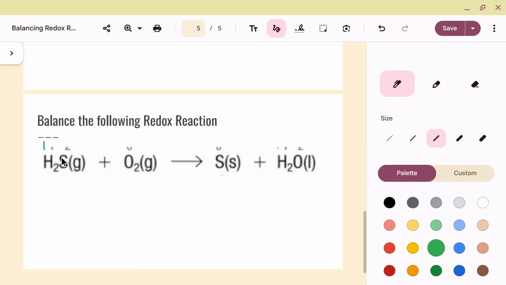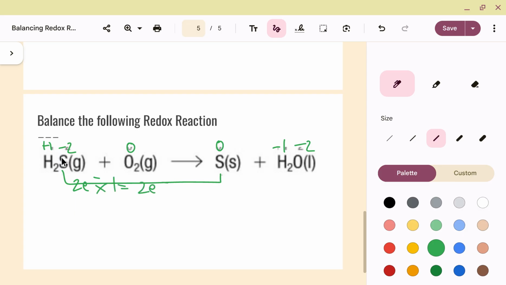Here, hydrogen is +1, sulfur would have to be -2, oxygen is 0, sulfur by itself is 0, +1, -2. So we see that sulfur is going from -2 to 0, so that's an exchange of 2 electrons and 1 atom, so a total of 2.